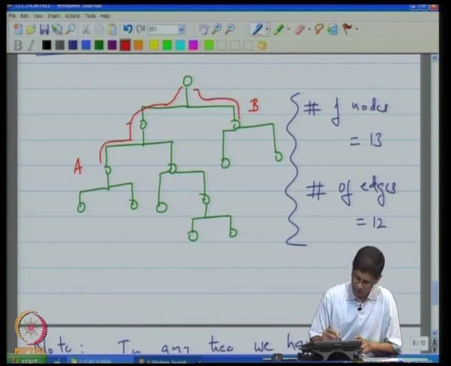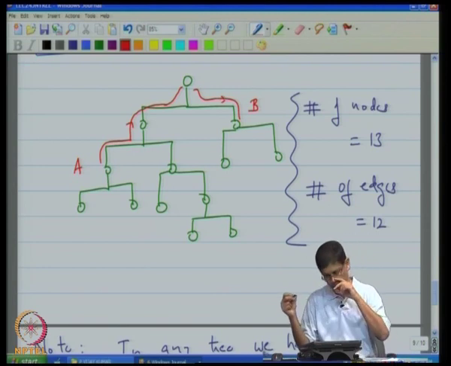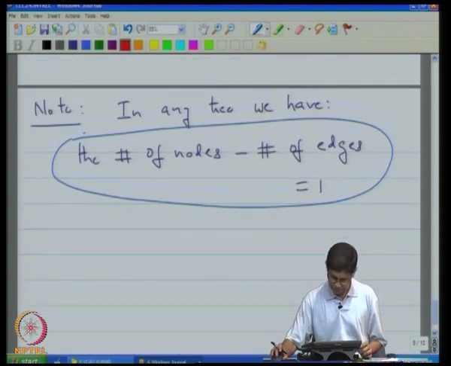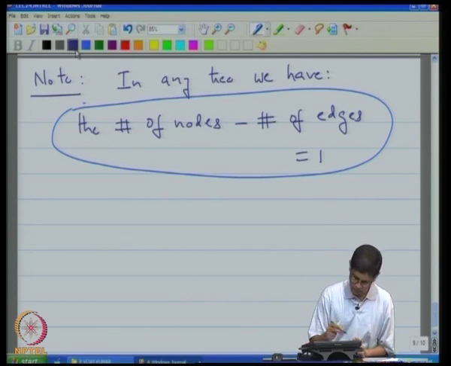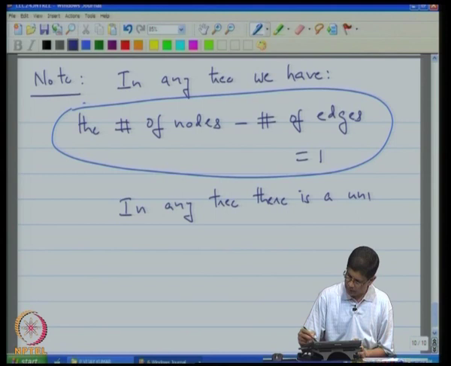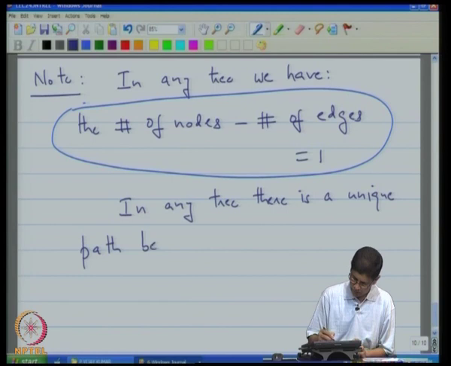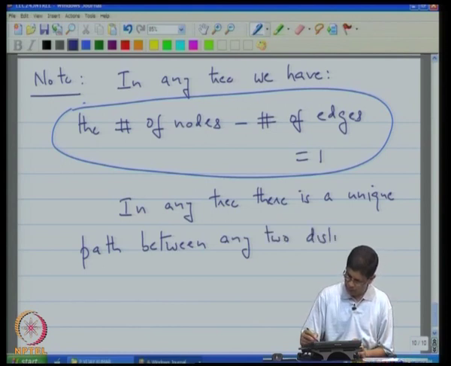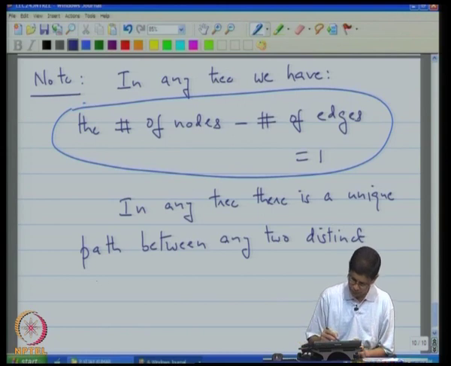So, in any tree there is a unique path between any two distinct nodes.